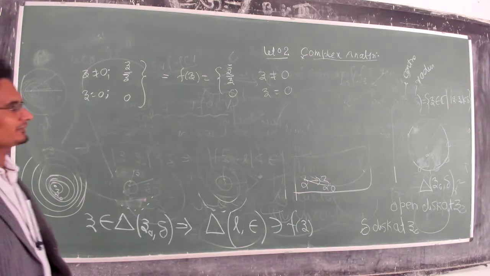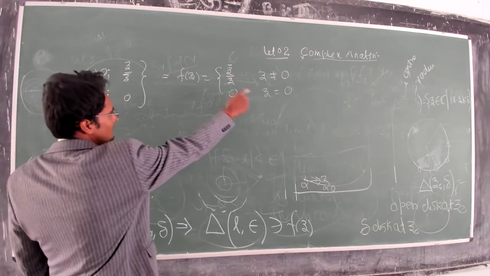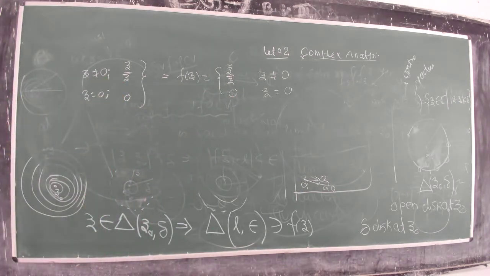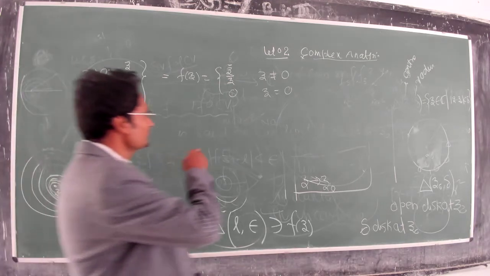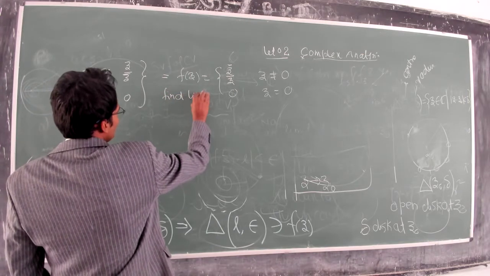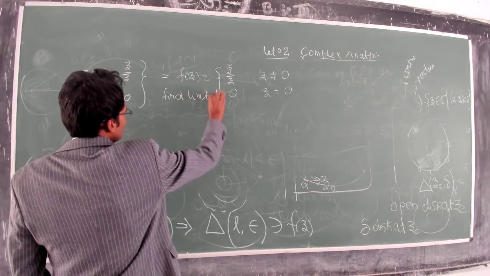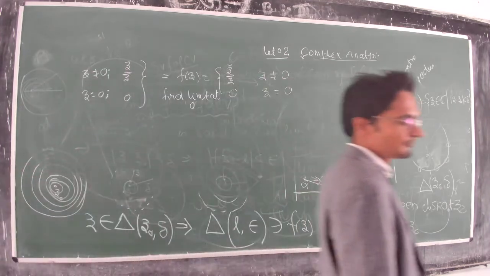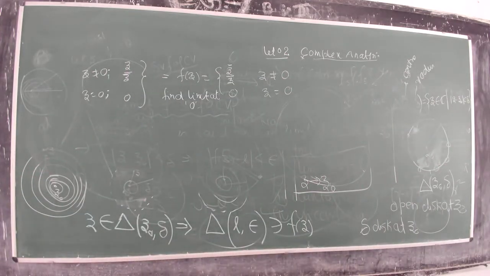So when g is non-zero, we have this. When g is equal to 0, this and this way. Okay, we have two questions. One question: what you have to do is find the limit at 0. Find the limit at 0.